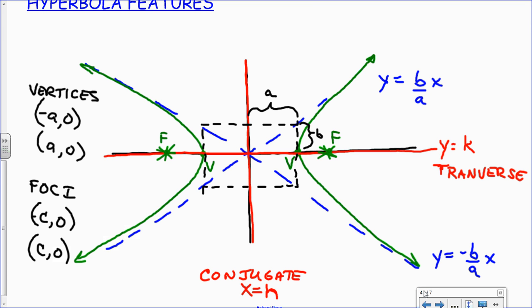So in this case, this is a horizontal hyperbola. So my vertices are on the horizontal axis. Okay, the left and right edges of that rectangle.